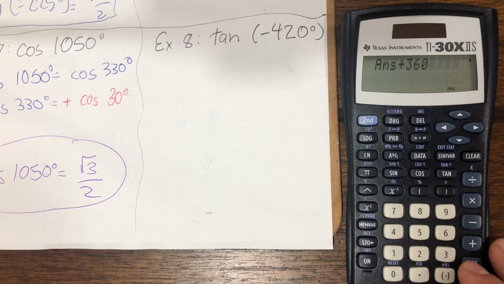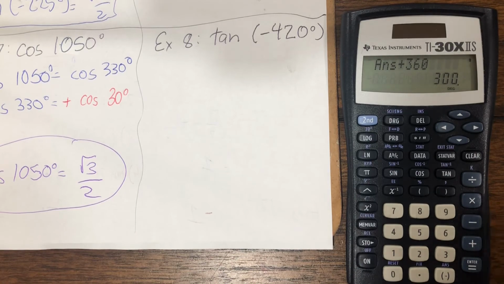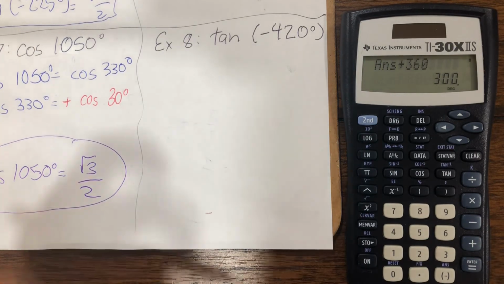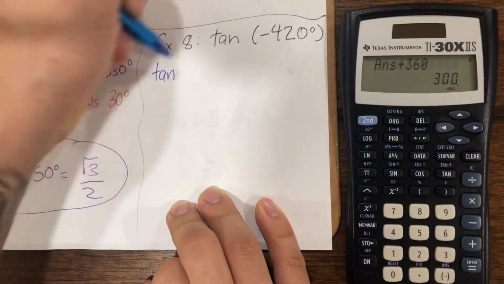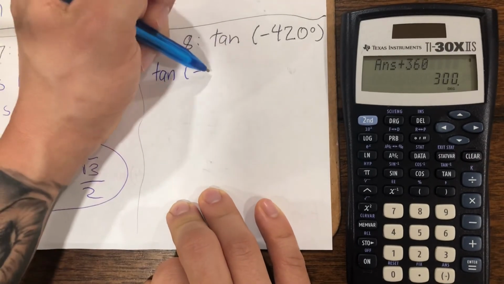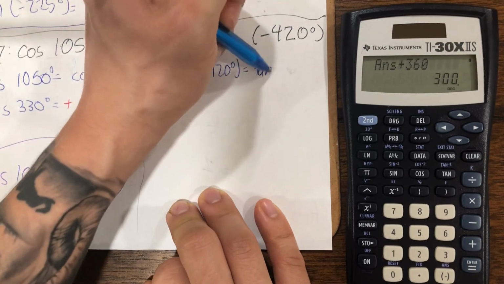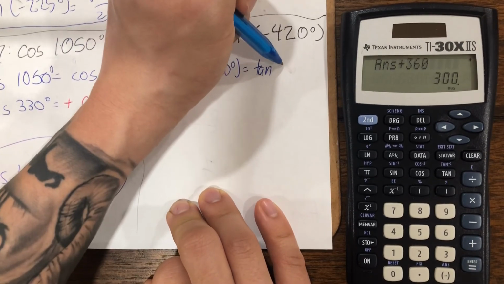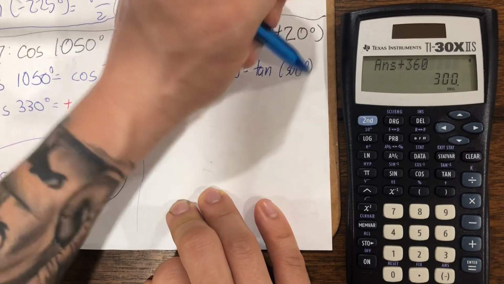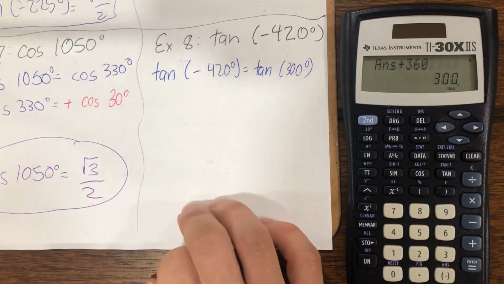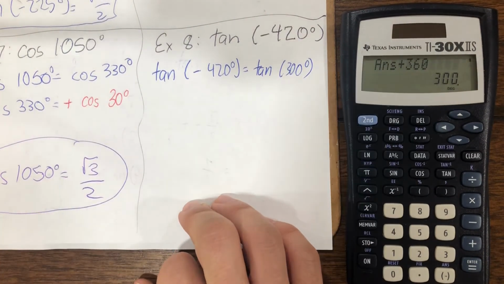So we're adding twice, and I get 300 degrees. So I have tan of negative 420 degrees equals tan of 300 degrees. I didn't need to put parentheses there, but that's okay.